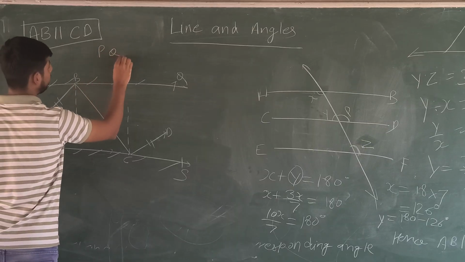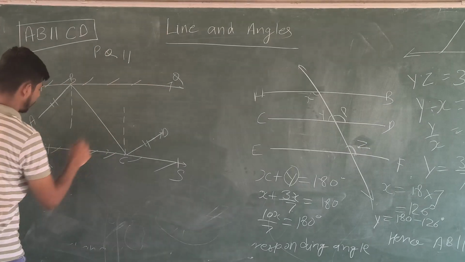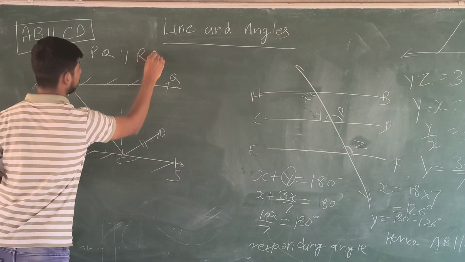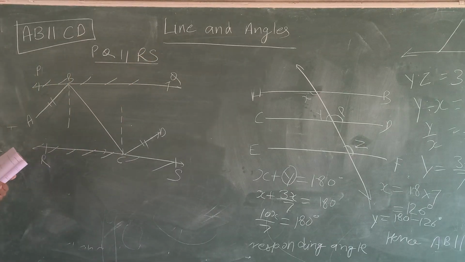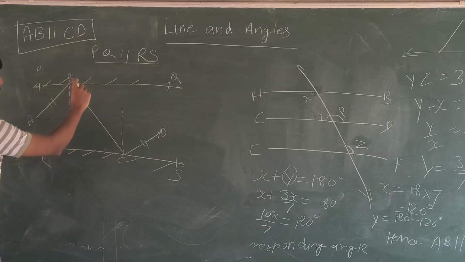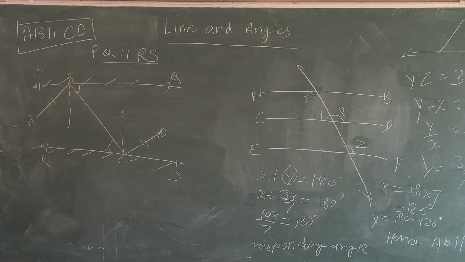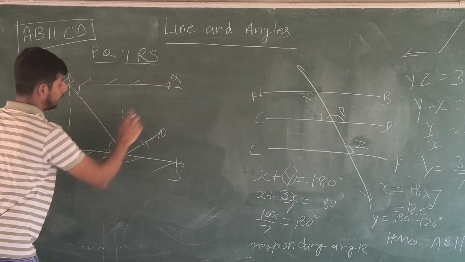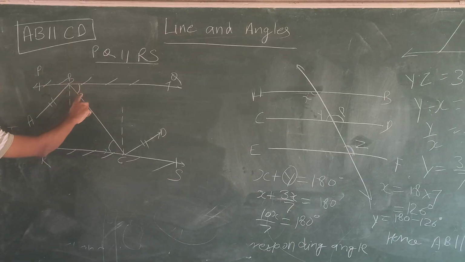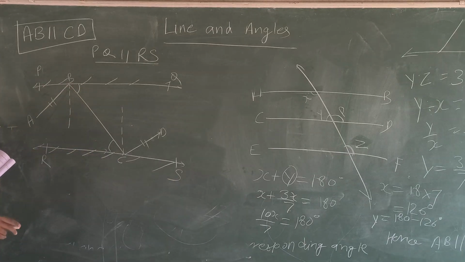And line PQ is parallel to line RS. It is already given. So these two angles should be equal. If this line and this line are parallel, then these are equal.